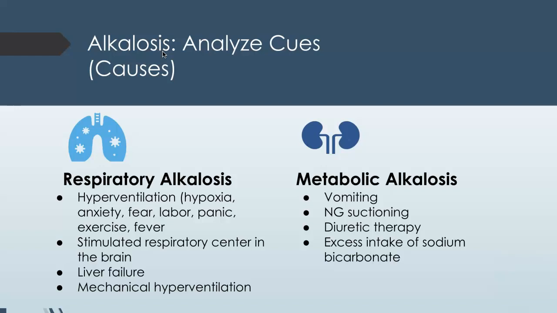So when they are intubated, the respiratory rate is too elevated. The things that can cause metabolic alkalosis: vomiting, prolonged NG suctioning, diuretic therapy. And so when you think of diuretic therapy, hydrogen ions are being lost, which we know our hydrogen is our big thing that determines our pH. Or it could be excess intake of sodium bicarbonate.